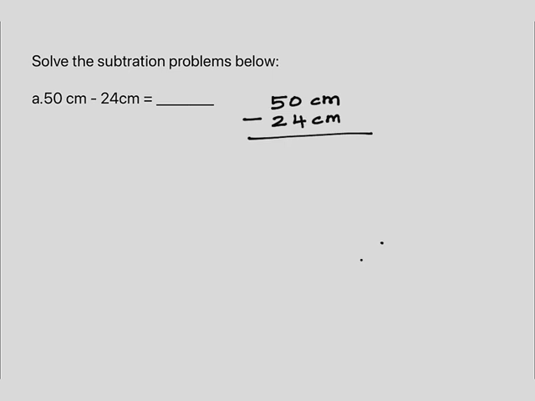So when we unbundle 5 tens, it becomes 4 tens and we will have 10 ones. So let us write the 10 ones. 10 minus 4 is 6 and 4 minus 2 is 2. So the answer will be 26 centimeters.